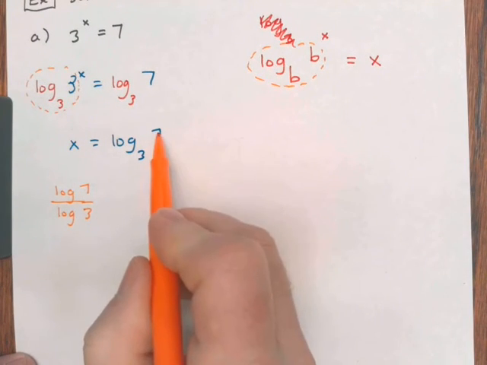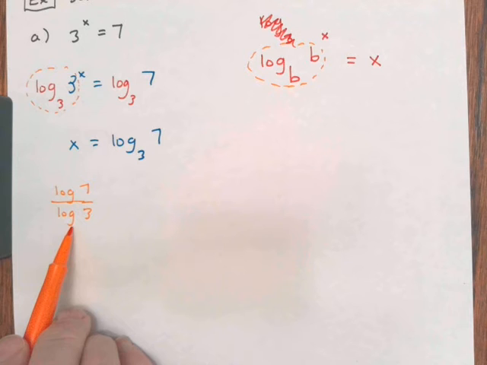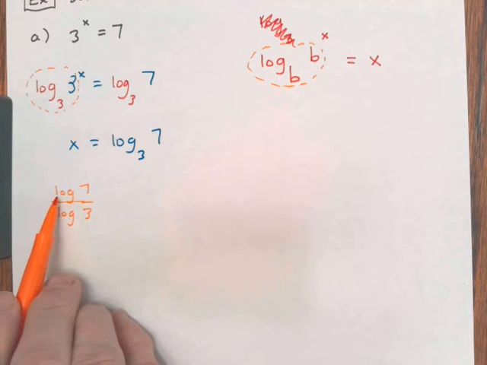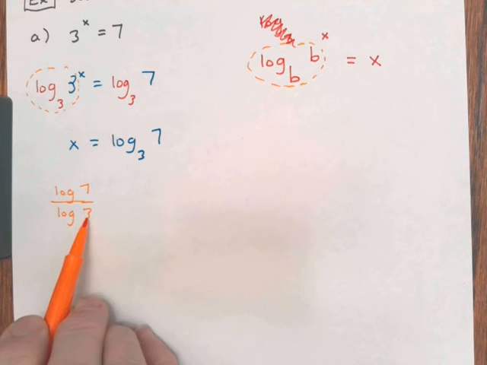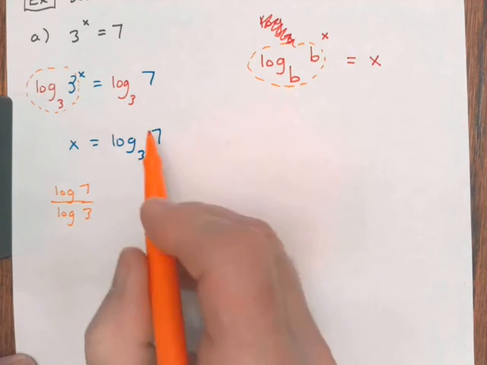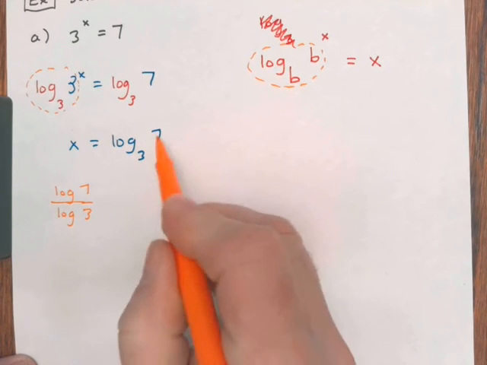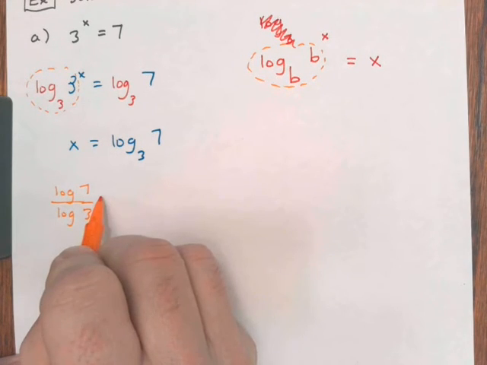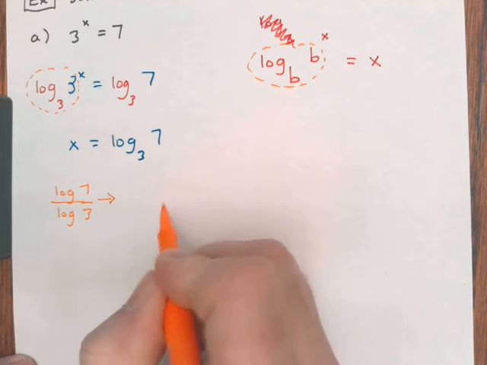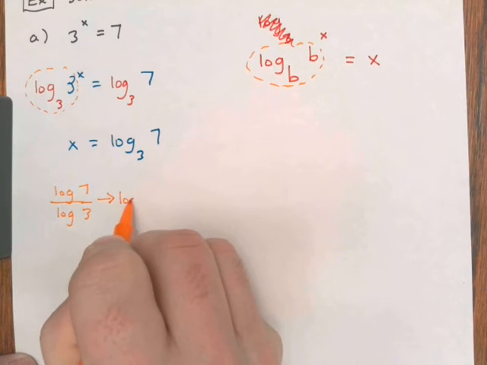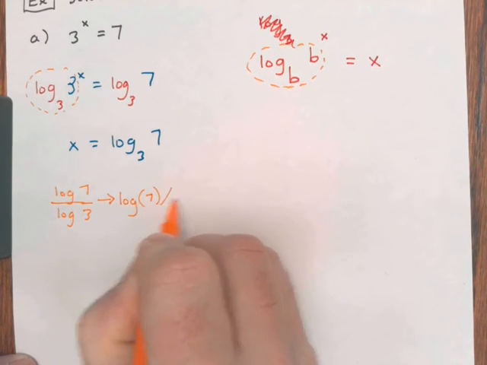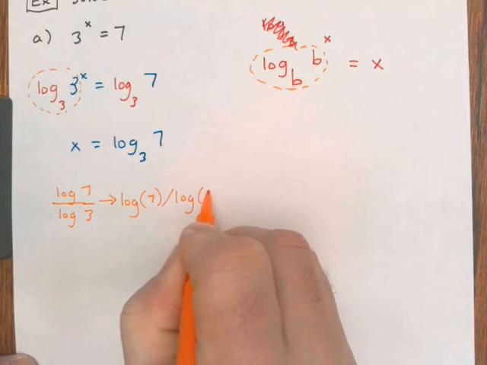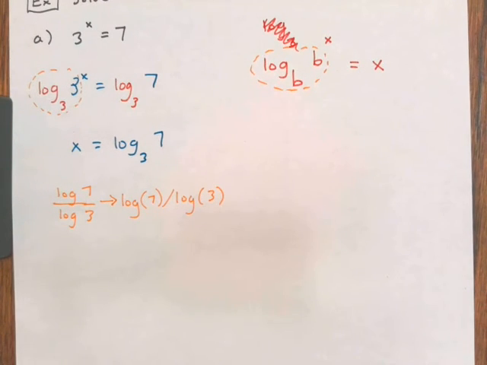So using the change of base formula, changing these both into log base 10. There's no base written in there, so this is log base 10. If I type into my calculator log of 7 divided by log of 3, that will give me the answer to log base 3 of 7. When I type that in, I'll do that horizontally. So let me do that.